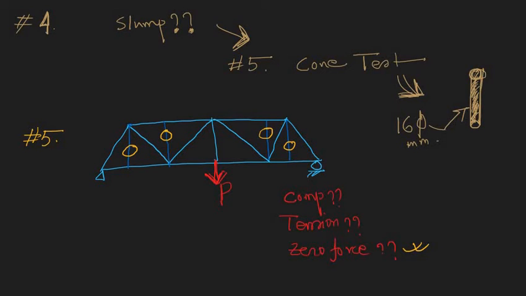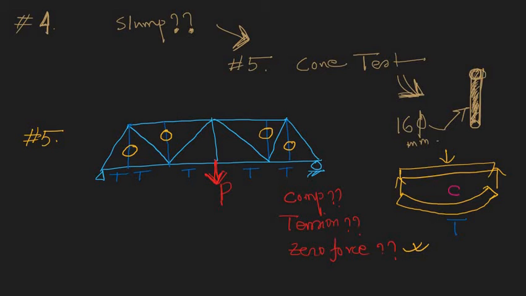Of course, if you have a beam like this and you have a load, it will bend like this. So all the fibers at the top are in compression, and all the fibers at the bottom are in tension. So all the bottom members here are in tension.